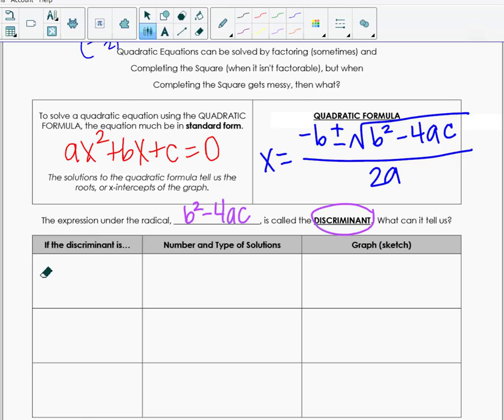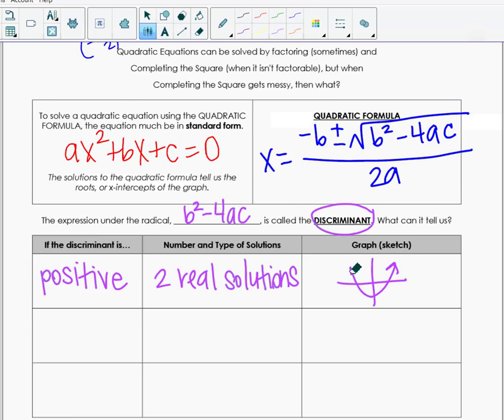If the discriminant is positive, so any positive answer, that tells us that we are going to have two real solutions, okay? Remember from last unit and the unit before, two real solutions means that on your graph, no matter which way you're opening, you are intersecting the x-axis twice, okay?